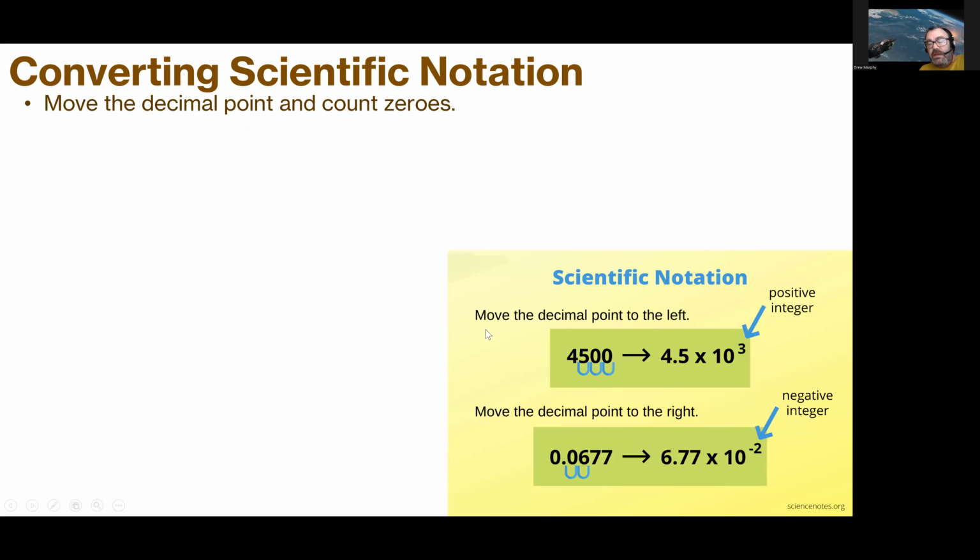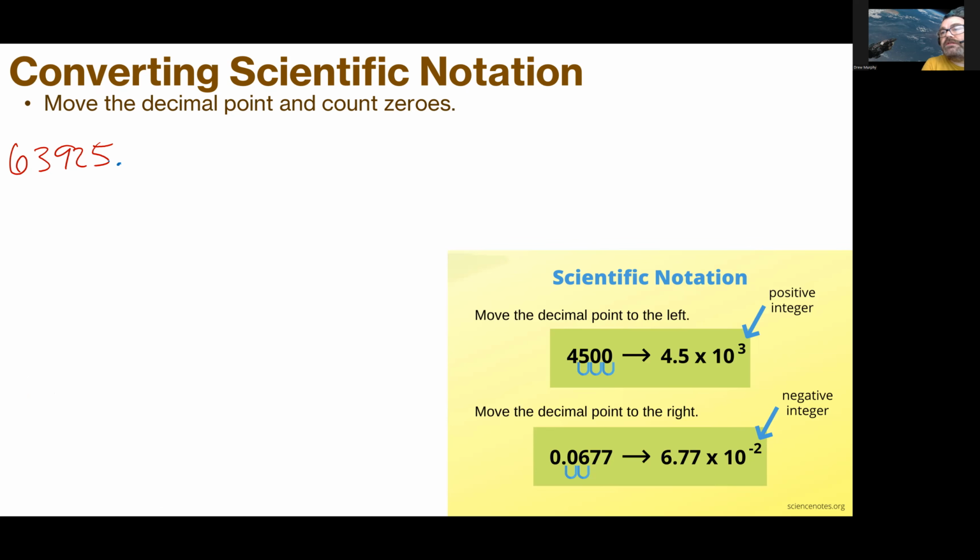Let's look at some converting things as we do this. If we're switching back and forth between a decimal form number or a scientific notation number, then all we really need to do is move the decimal place and count some zeros. Okay. So let's start off with, we'll say, 63925, and we're going to put that into scientific notation. What we want to do is find the decimal place in the big number, which is the end here, since we don't have one.